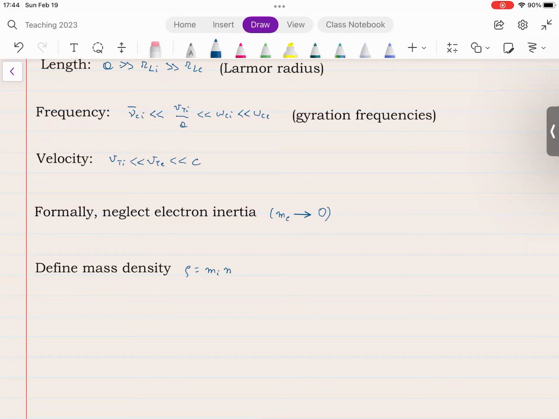And since I only have one fluid, there is no way I can distinguish between the density of the ions and the density of the electrons. That is, n ion is equal to n electrons is equal to n. That's if I have singly charged ions. If I have multiple charges, you just have to take that into account and put a factor of Z in there.